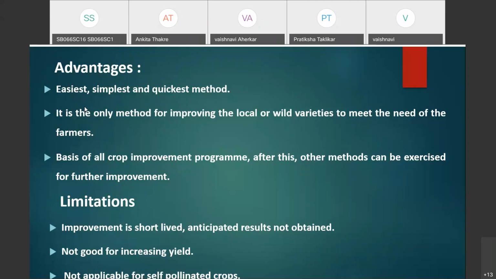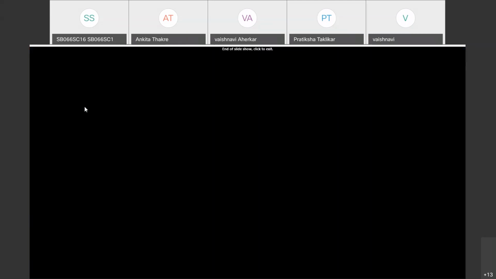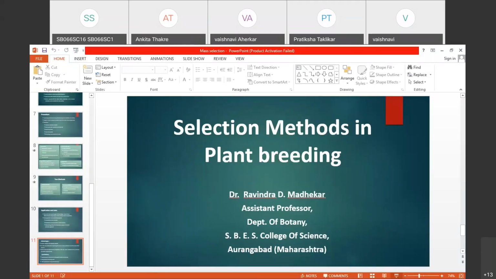That's why we are saying, though there are certain type of limitations for using this method, it is very popular among the farmers, and all the cultivated crops and their local strains are developed by using this method. Okay, these are the limitations of this method.